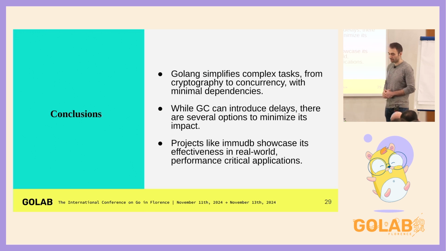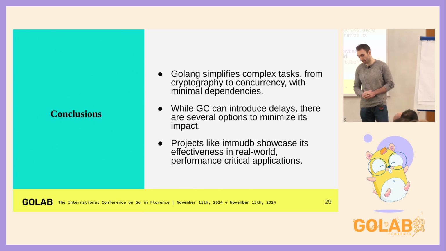I hope that with this talk, I left the impression that GoLang is a right fit for writing high-performance applications, not only because of its nice features in terms of concurrency, ease of static compilation, and whatever we can think about, but also because, thinking in a performance-oriented way, the language provides us several tools for making life easier for the garbage collector. And projects like immudb showcase that.